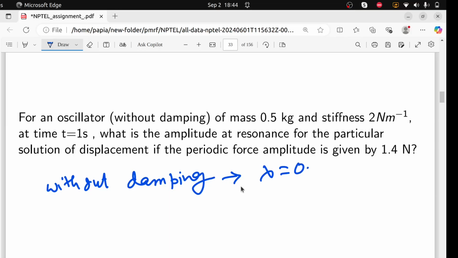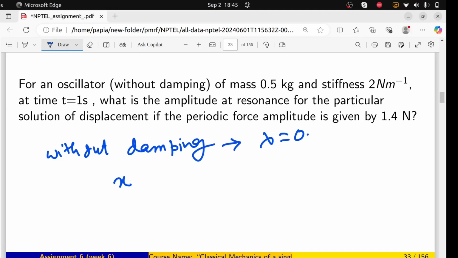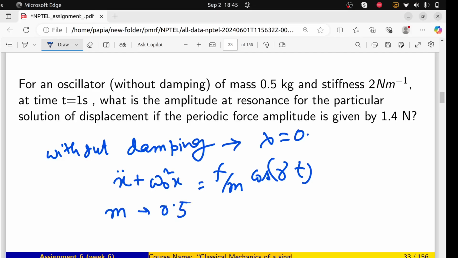What is the expression here? The expression is x double dot plus omega 0 square x equals f by m cos gamma t. And what is the mass? Mass is 0.5 kg. What is stiffness? Stiffness K is 2 Newton per meter at t equals 1 second.